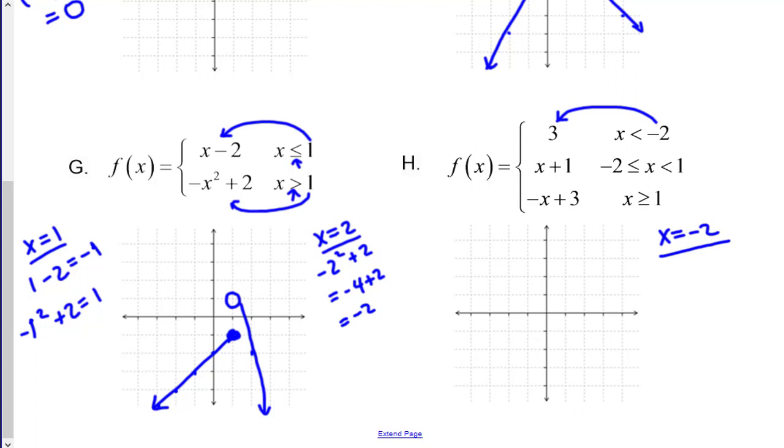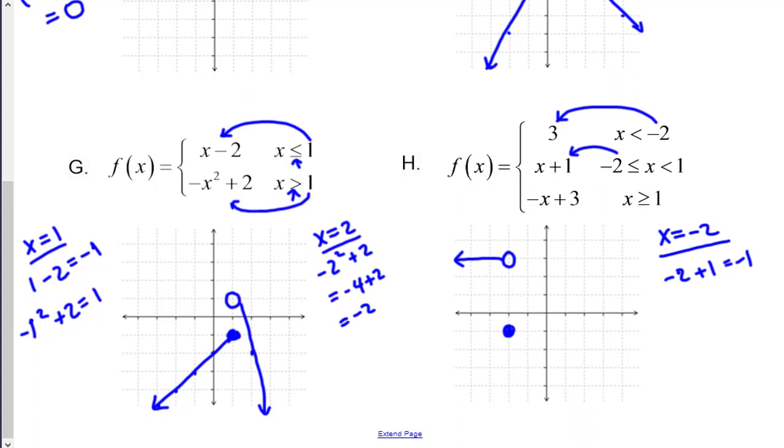No matter what you put in, you get positive 3 back out. So at negative 2, I'm at positive 3, but that's going to be an open circle. And because it's a constant function, I'll go ahead and graph that. All right, but if I put negative 2 into this function, it would be negative 2 plus 1, which is negative 1. So at negative 2 on the x, I'm at negative 1 on the y.